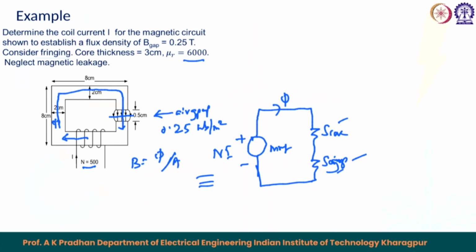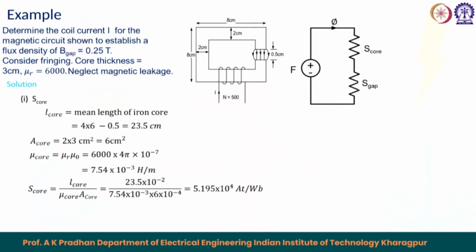For this case, we will first find the core part reluctance. So, S core equals the mean length of the iron core divided by mu A. As per the dimension given here, this part is 8. We talk about the mean path, so 8 minus 2 equals 6, from here to here it will be 6.